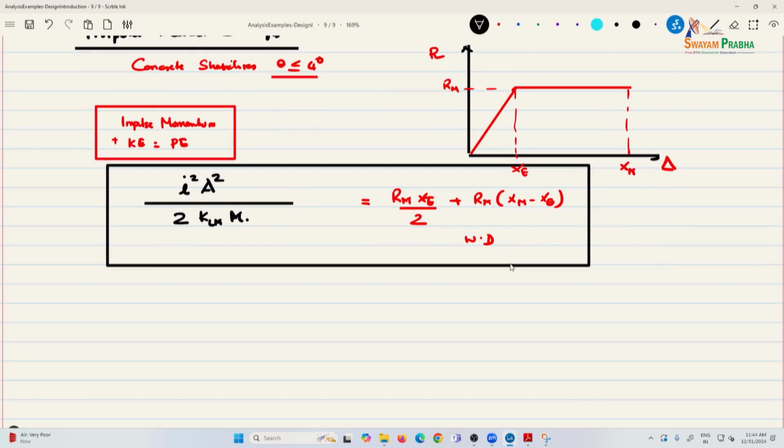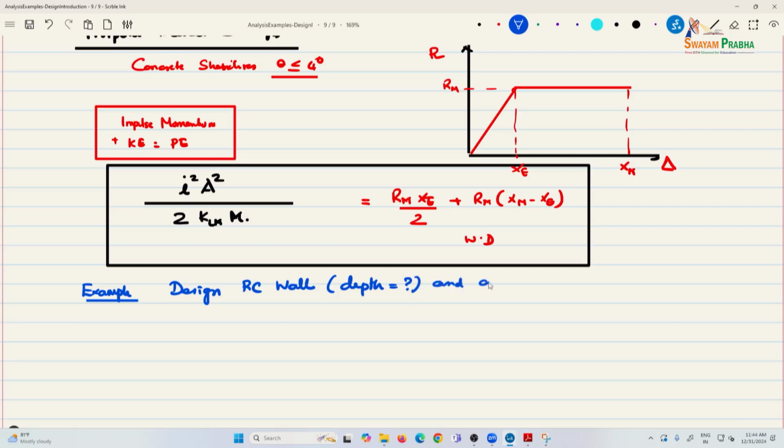There are some simplifications made in this example. What approach we have taken is that we have covered all the basic principles, but for the problem itself there are some simplifications I will talk about. So the example here is to design an RC wall, basically the depth of the wall and the area of reinforcement.